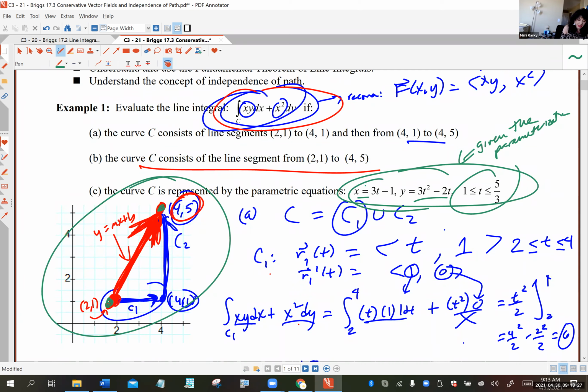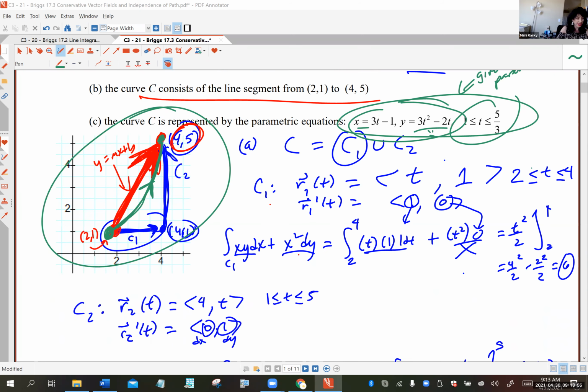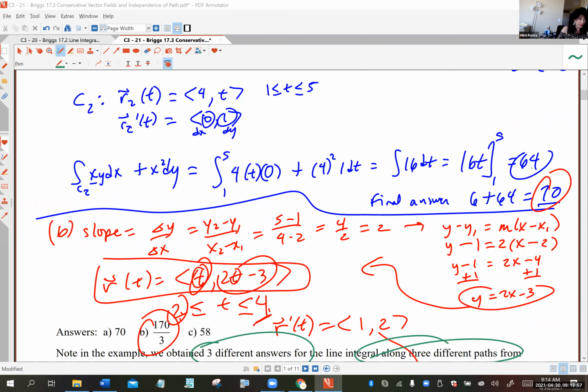And if you don't believe me, this curve here, the 3t minus 1, 3t squared minus 2t, if you did graph it, it would be the portion of a parabola with the starting point at 2, 1 and the ending point at 4, 5. So all 3 of these line integrals share something in common, not much, but the same starting and stopping point is the big deal. So now let's do another page of line integrals.